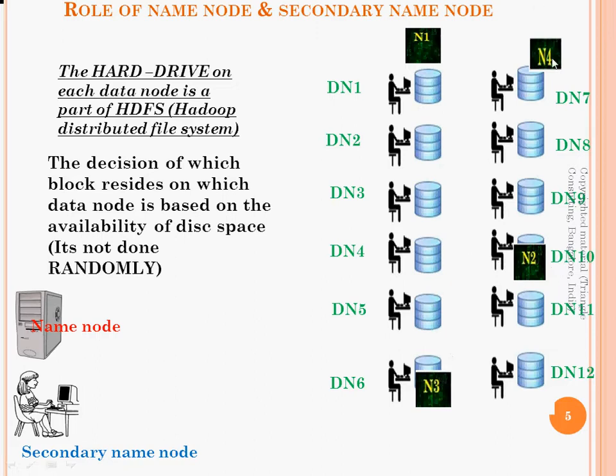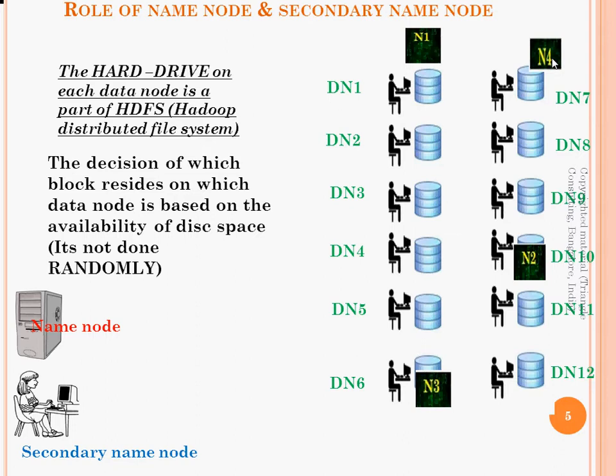So who decides which block of the original file has to go to which particular data node? This decision is taken by the file system manager, the Hadoop Distributed File System manager. It has its own set of algorithms which take care of how to place the files and how to read the files.